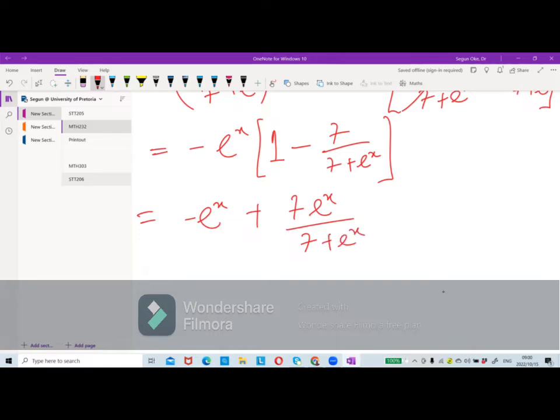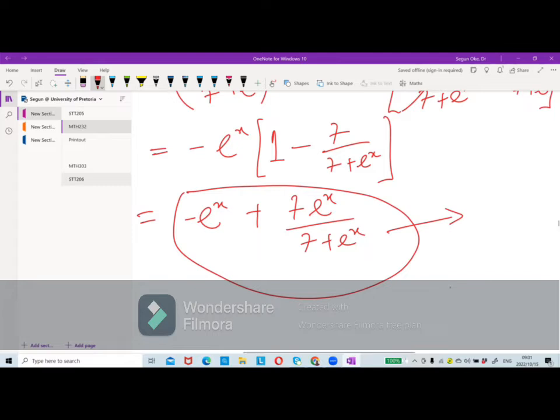So this is what I will substitute now to go and integrate. So any question? Silence means no question. Welcome to mathematics.